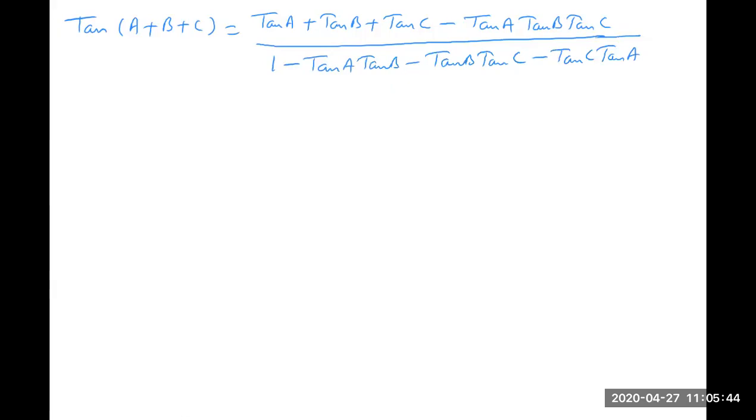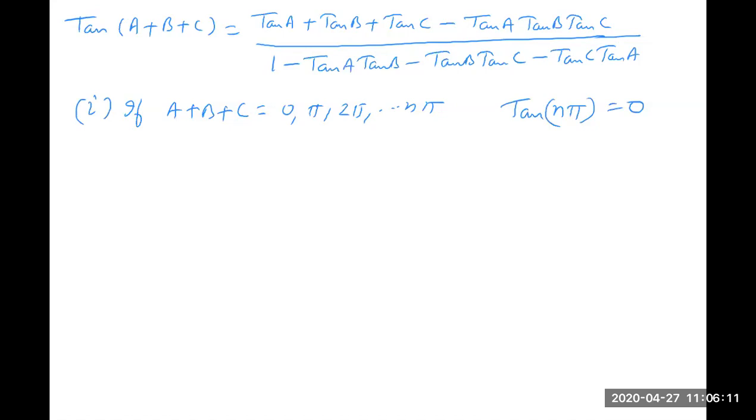Now, here we can apply certain conditions. Case 1, those you have to remember. If A+B+C is equal to 0 or pi or 2 pi or n pi, the reason is tan pi, tan 0, all are equal to 0. tan n pi is always equal to 0.